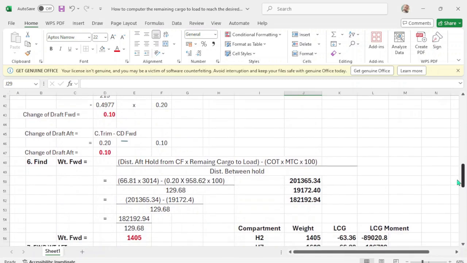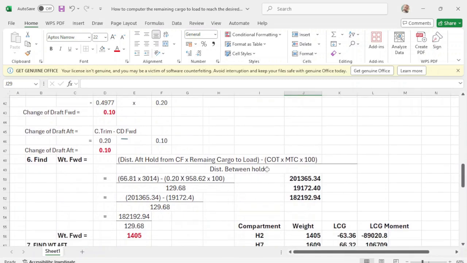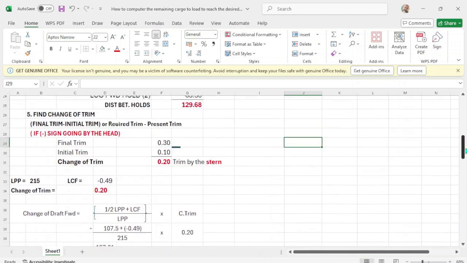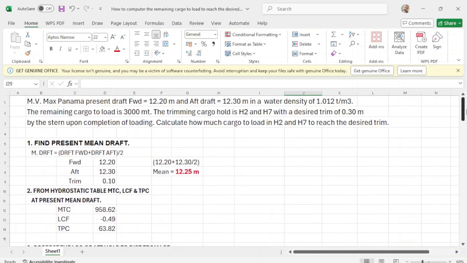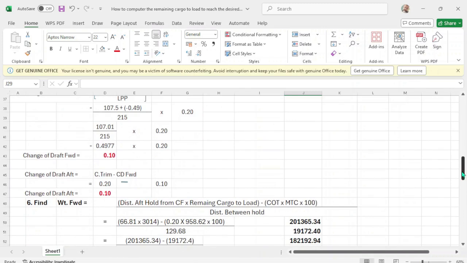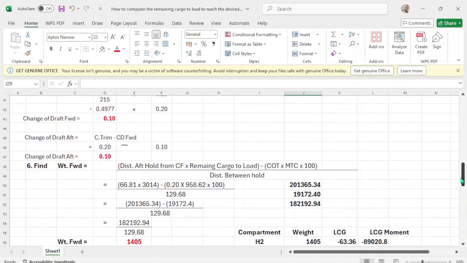20 centimeters times MTC. Your MTC is 95862, times 100, over your distance between holds.